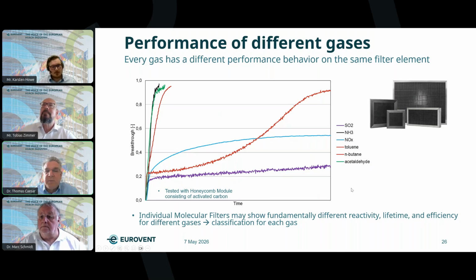When you compare that to NOx, breakthrough is already larger, but also here we have a quite long-lasting filter. But when you look at other gases like acetaldehyde, N-butane or toluene, you have an almost instant breakthrough. So it depends very much on what gases we are looking at to select the right filter. Next slide, please.